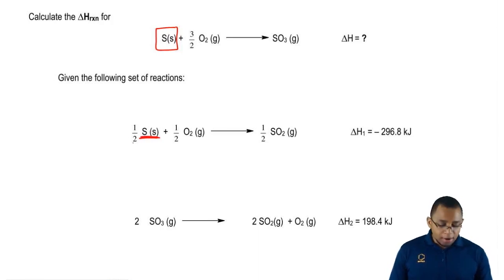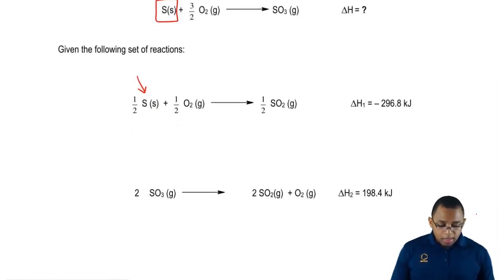Now we're going to say here it does not match what we have up here. Up here we only have 1 mole of sulfur solid. So I need to find a way of converting this also into 1 mole of sulfur solid. And the only way we can do that is by multiplying by 2. And not just the sulfur solid, but the entire equation.